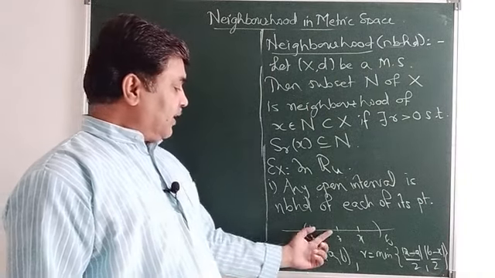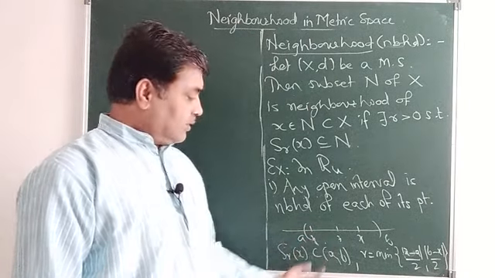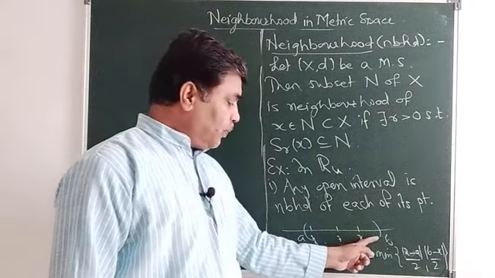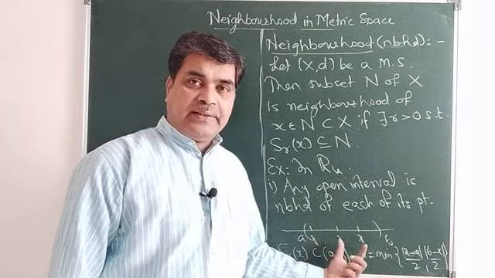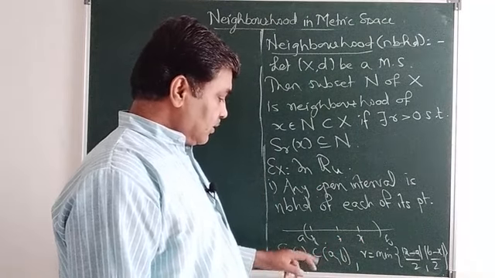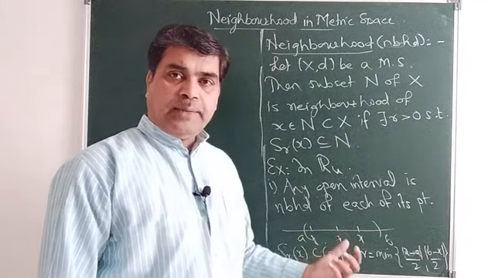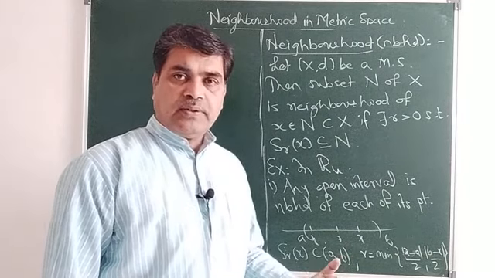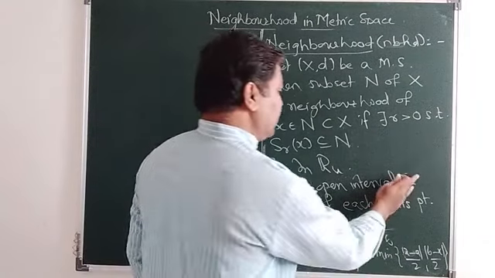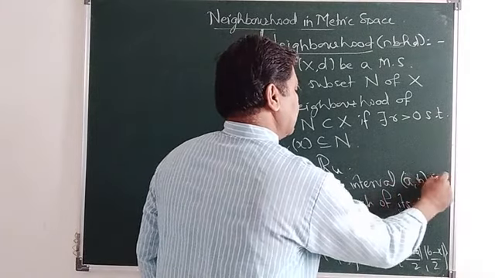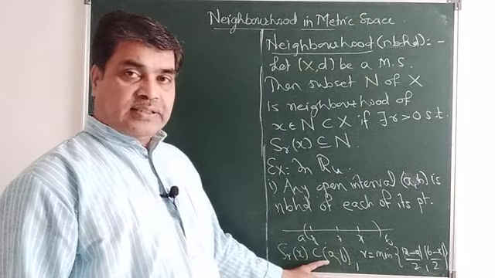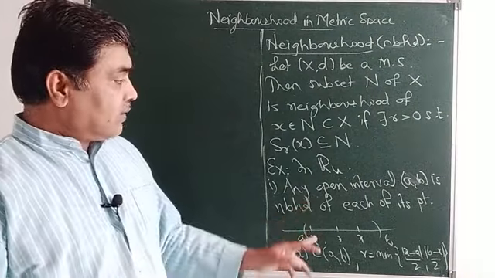If I take x to be any point in the open interval (a, b), then x is either near to a, near to b, or it may be at the center of that interval. Whatever the position of x may be, depending on its closeness to the end points, if I select r equal to the minimum, S r of x is contained in the interval. So we get that.